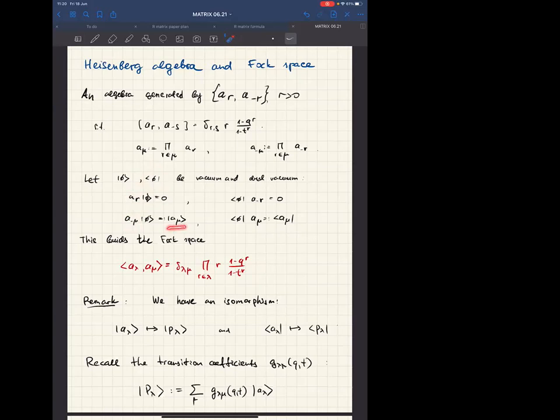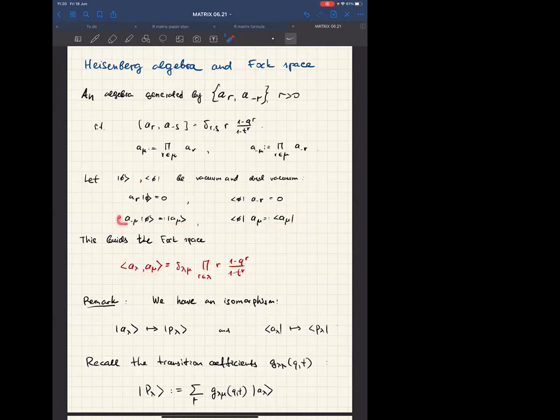For the dual space, it's the reverse. The negative modes annihilate the dual vacuum vector, and the positive modes create dual vectors. And we can put this vector and covector together to form a scalar product.